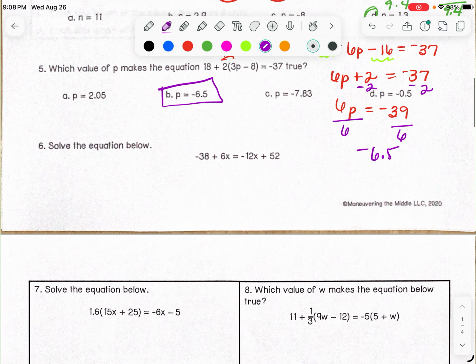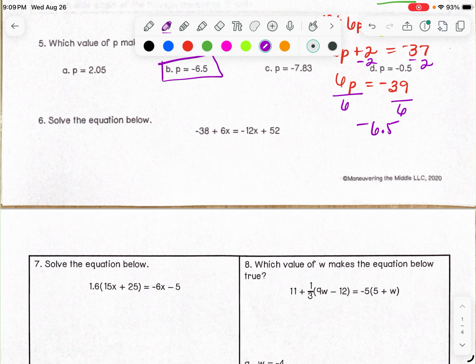Number 6 is an equation with variables on both sides. Remember, you just want to pick a way and go that way. So I'm going to add 12. I get negative 38 is 18x plus 52. And you're going to add 38.